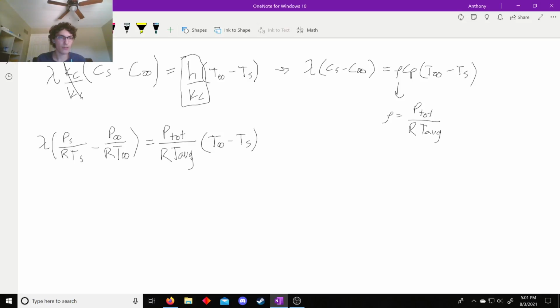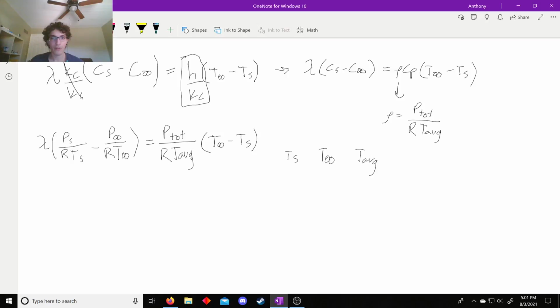Now, we want to simplify this a little bit. And the way we're going to do that is with these temperatures here: temperature at the surface, temperature far away from the surface, and the average temperature. Let me put it like this.